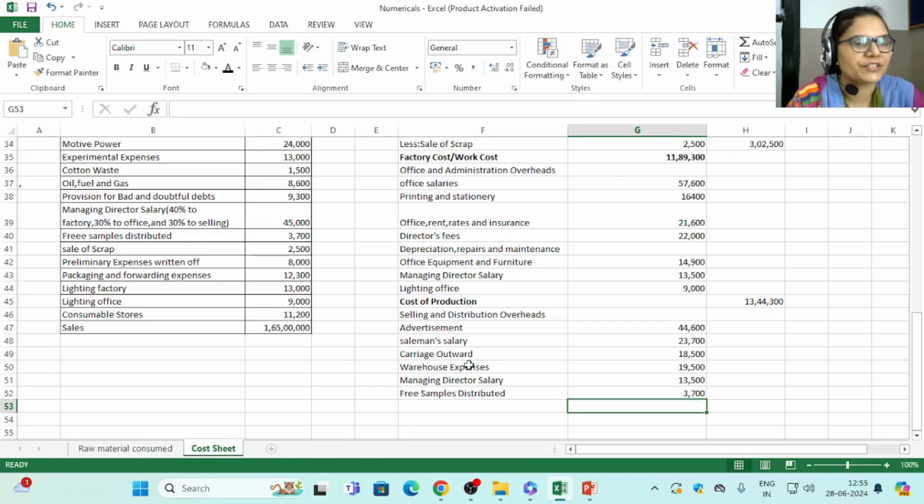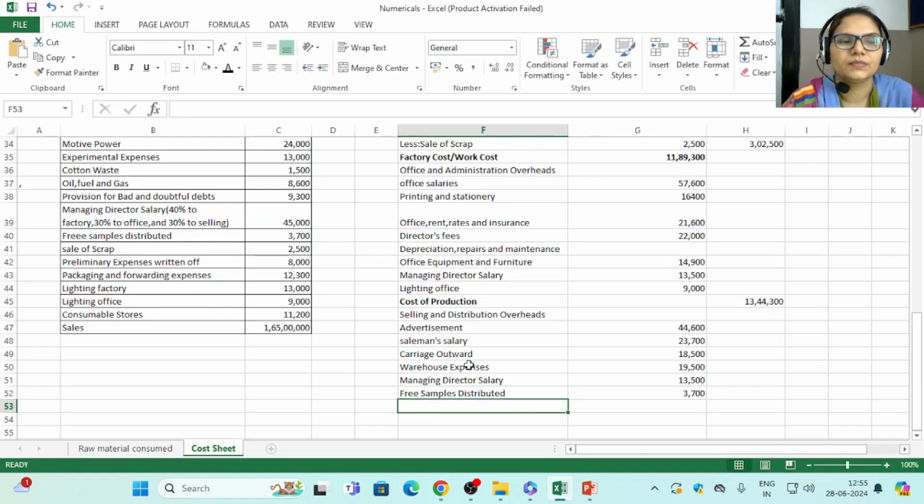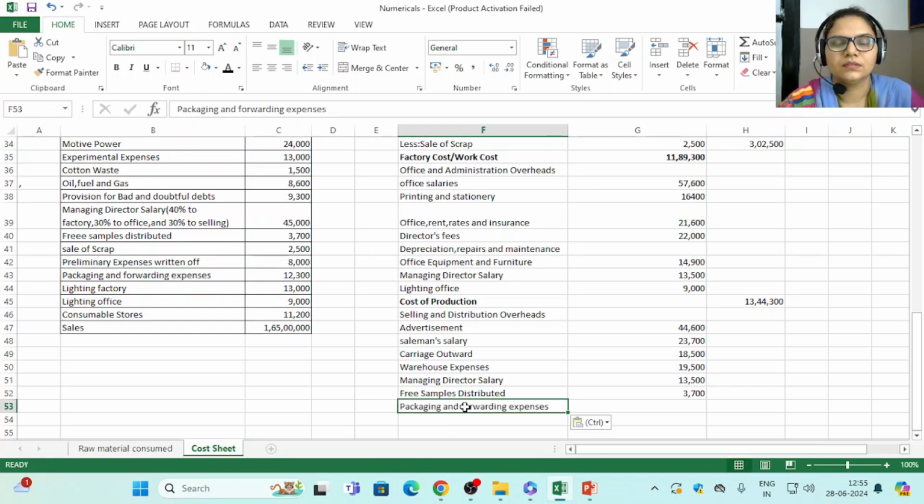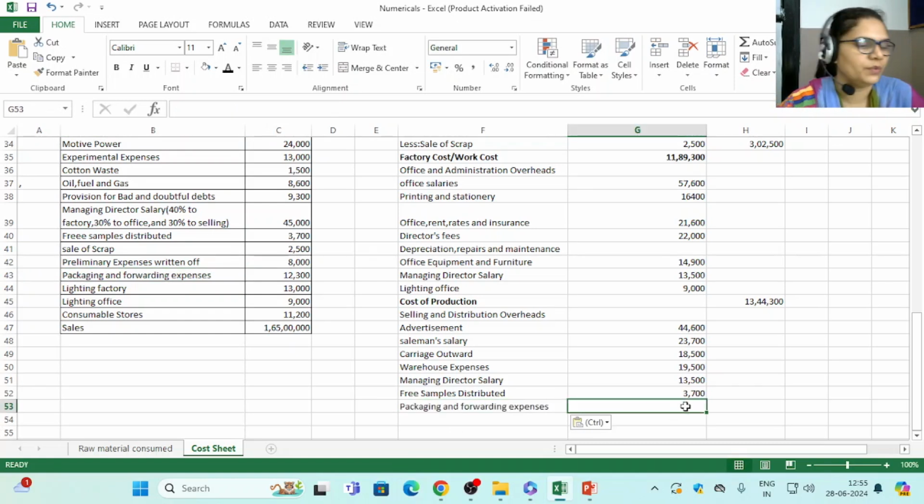Next is packaging and forwarding expenses, 12,300.